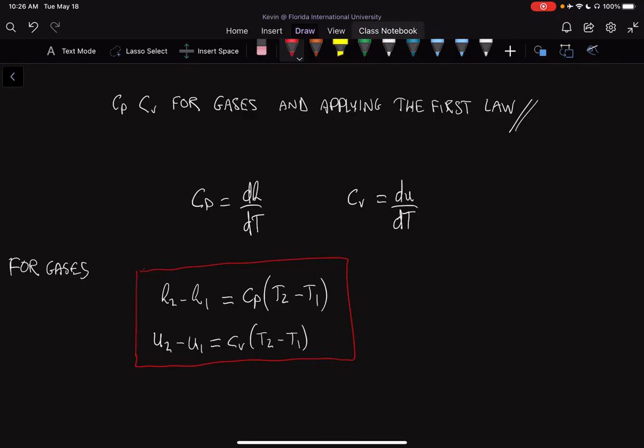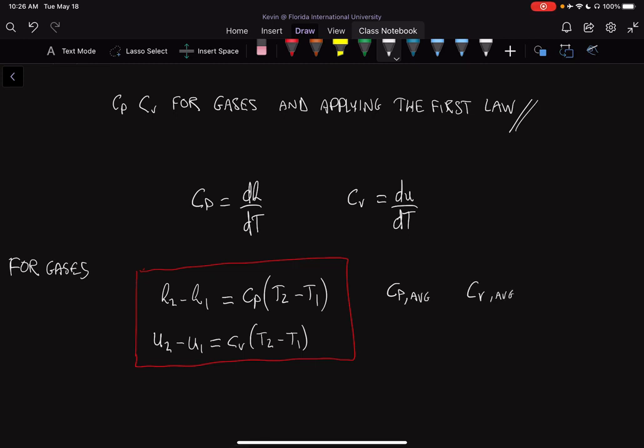This is not the case in gases, because in gases we don't have incompressibility. So we can't get rid of some terms in the equation as we did earlier. And we always remember that we have to use, just like in solids and liquids, Cp average at the average temperature, and in this case also Cv average.